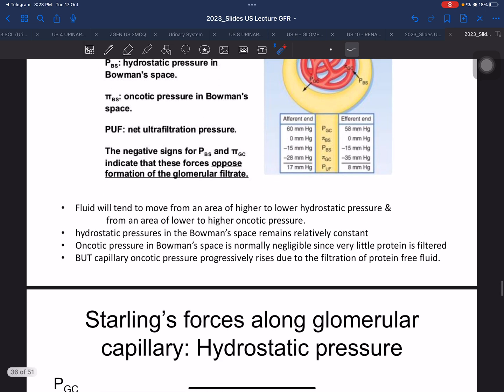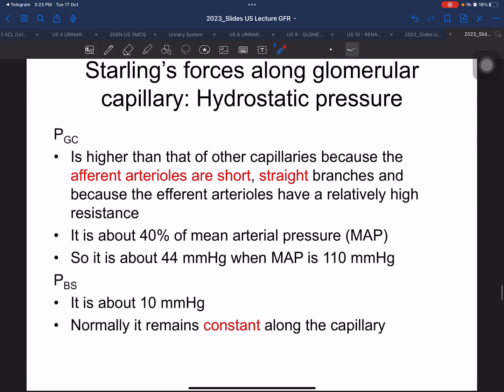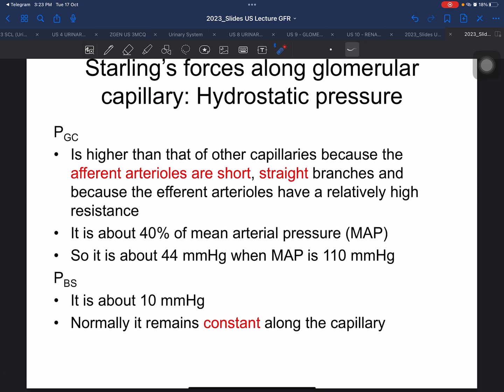So we look at each of these pressures in the Starling forces, starting with the hydrostatic pressure in the glomerular capillaries and the Bowman space. The hydrostatic pressure of the glomerular capillaries is higher than in other capillaries. Why? Because, as I told you just now, the afferent arterioles are short and straight, and the efferent arterioles have a relatively high resistance.